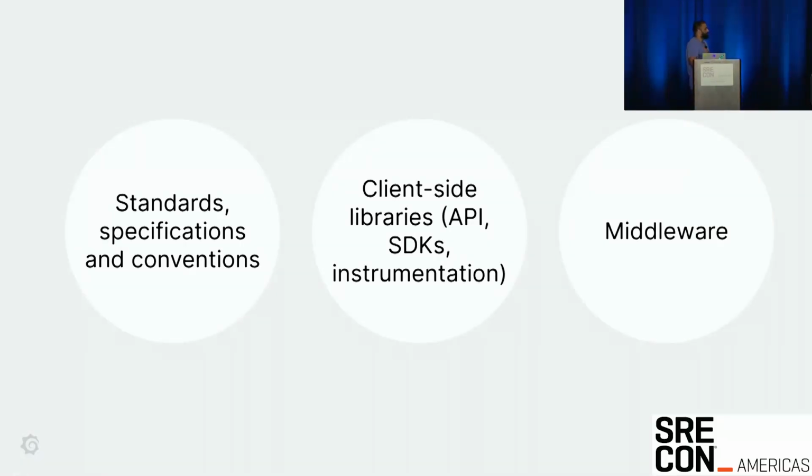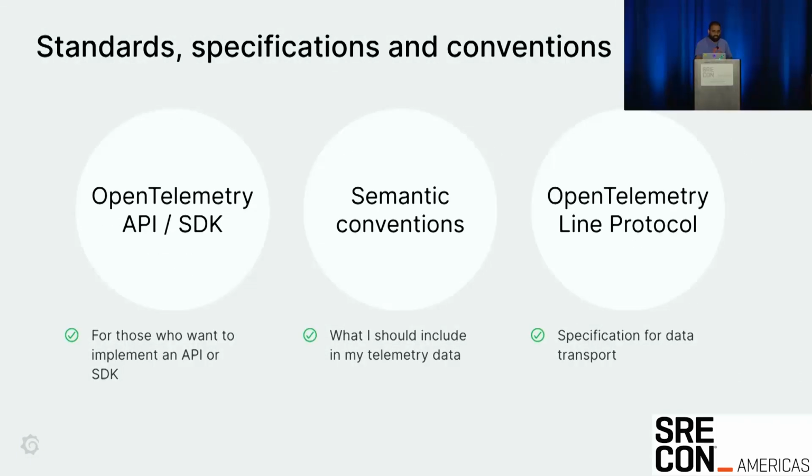Cool. So OpenTelemetry is a set of standards, specifications, and conventions. It also has implementations for those standards in the form of client libraries. And there is the middleware, which is the collector that I talked about. As part of the standards, they have the API and SDK specification as to how language SDKs should look. But they also have semantic conventions.